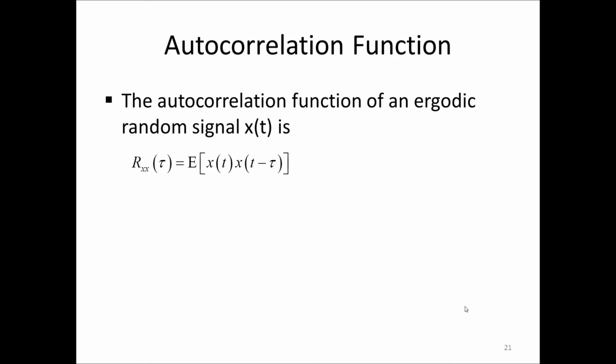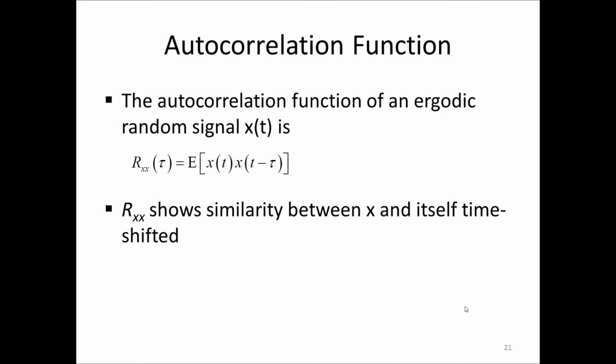The autocorrelation measures the similarity of x with itself, shifted tau seconds away. It's also easy to see that the autocorrelation for lag 0 is the expected value of the signal itself squared if the average of the signal is 0. And this is apparently the variance of the signal.